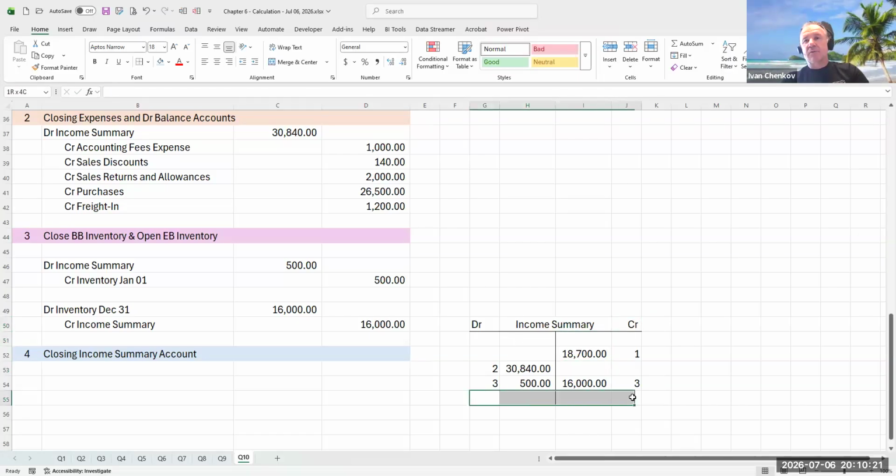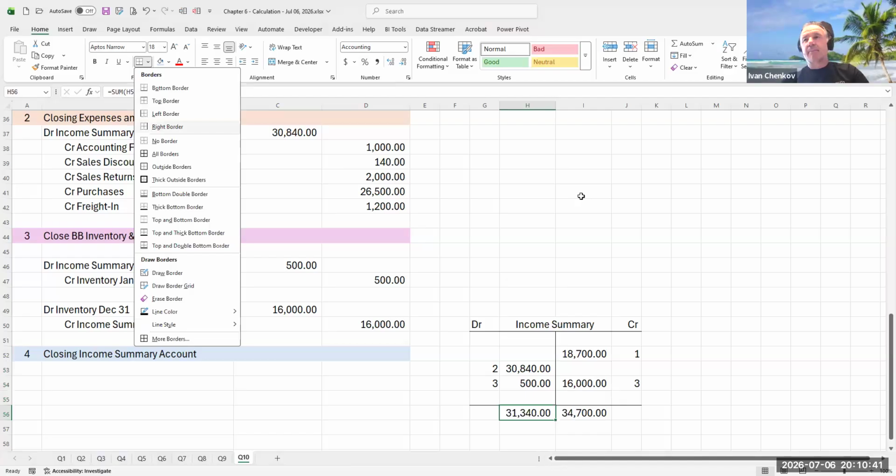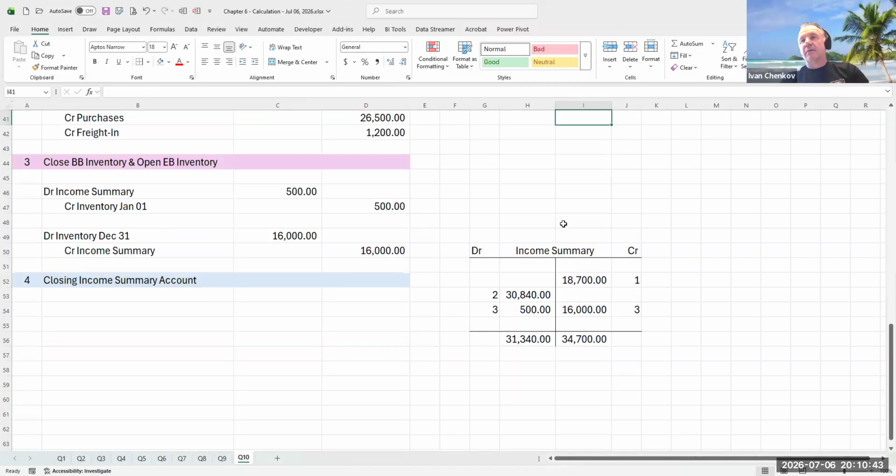So if I have to do the calculation on the income summary, what will be my balance? First, which balance do I want to be higher, debit or credit? On the income summary account, where do I want to see the balance, on the debit side or credit side? On the debit side are expenses. What's on the credit side? Sales.